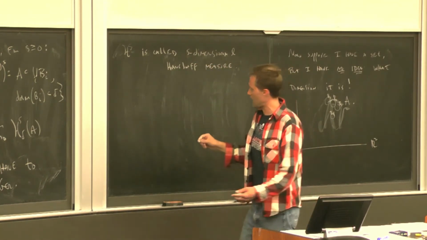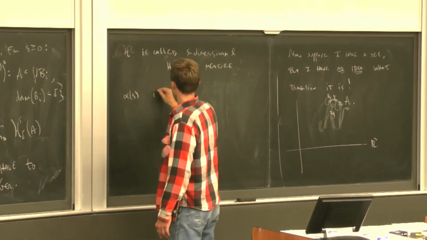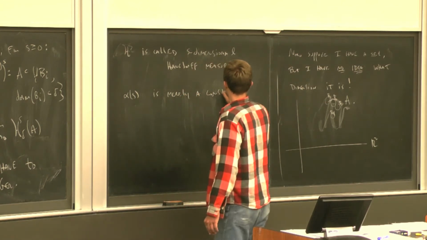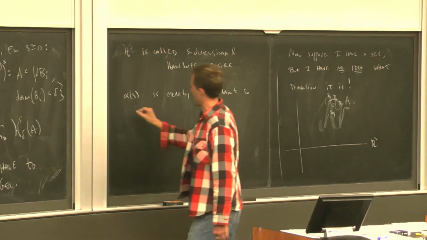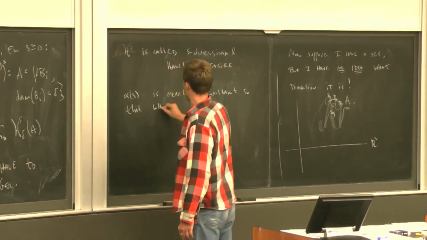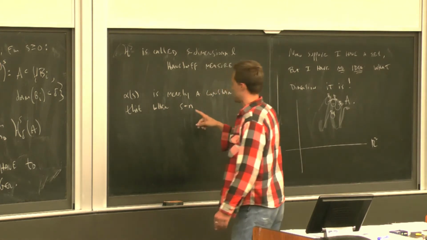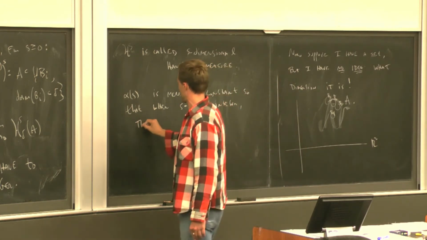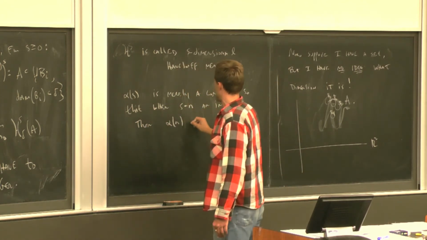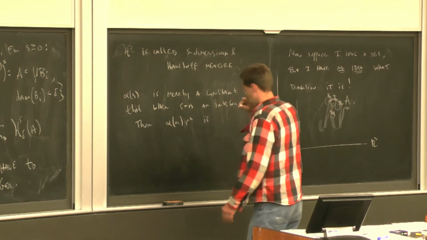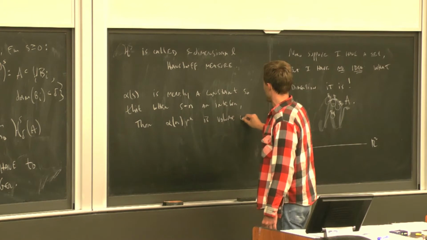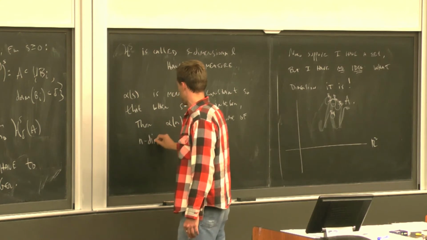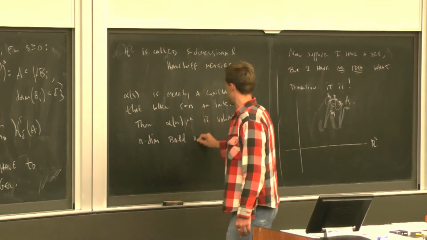Alpha of S is merely a constant so that when S is a positive integer, alpha of n times r to the n is the volume of an n-dimensional ball of radius r.